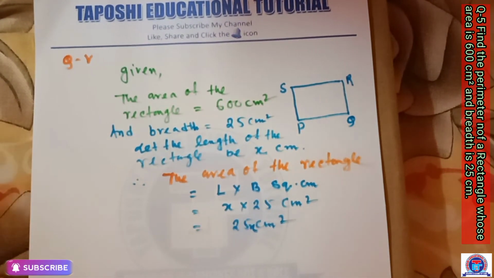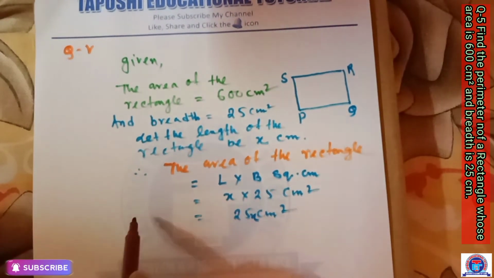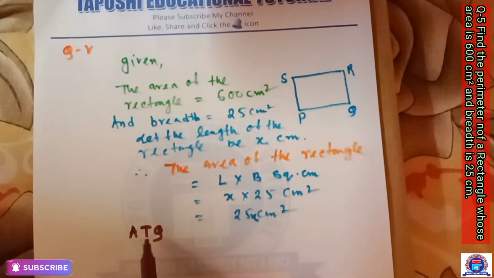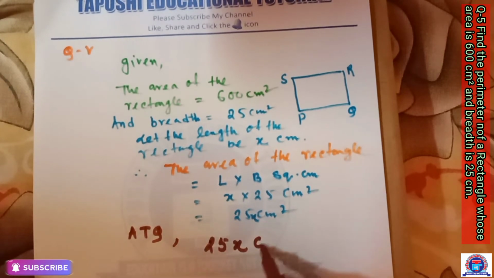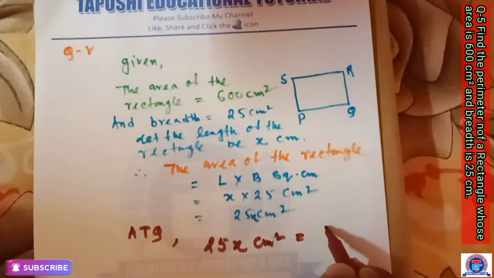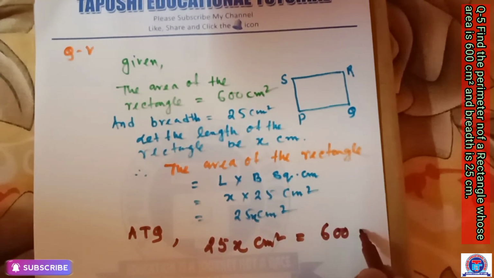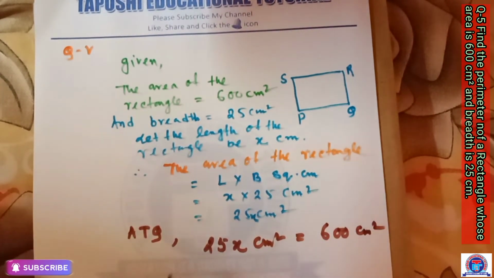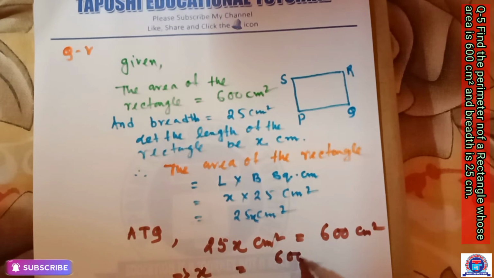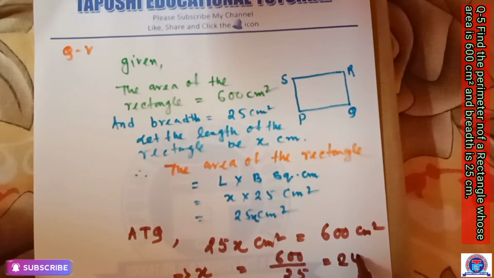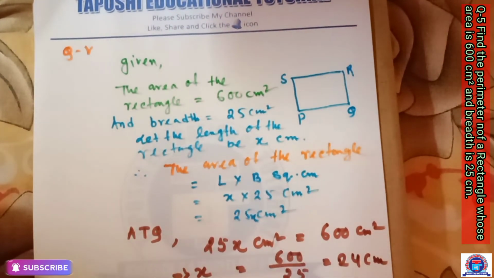So according to the question, we can write 25x centimeter square is equal to 600 centimeter square. So x is equal to 600 divided by 25, that will be 24 centimeter. Correct.